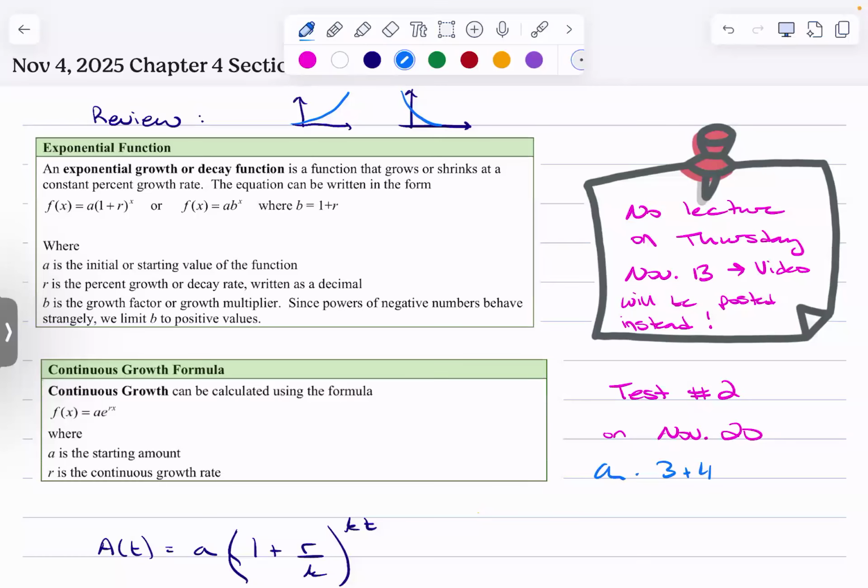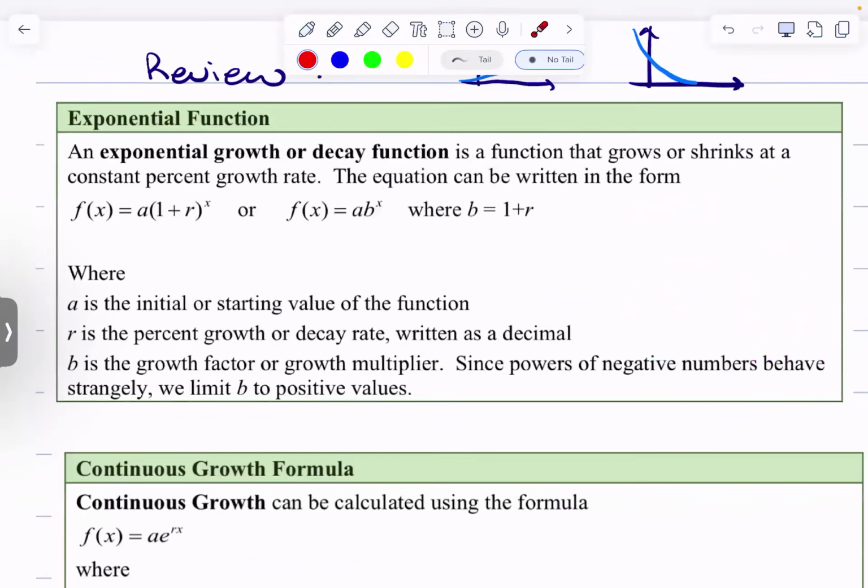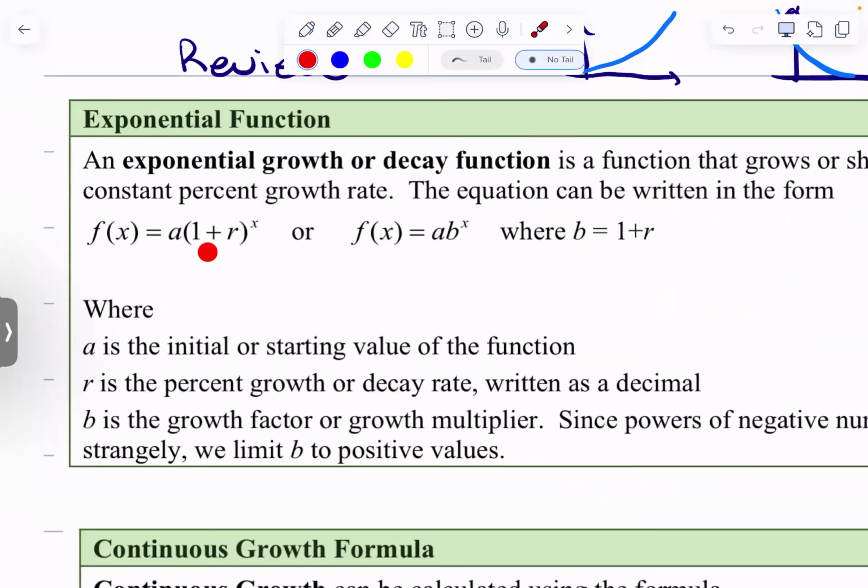So we're moving away from linear functions and working on these exponential functions. What we worked with last day is we can have 2 forms of the same equation, right? Generally, if you're given R, the rate of the growth or potentially the decay, then this version of the formula will be the easier way to go.